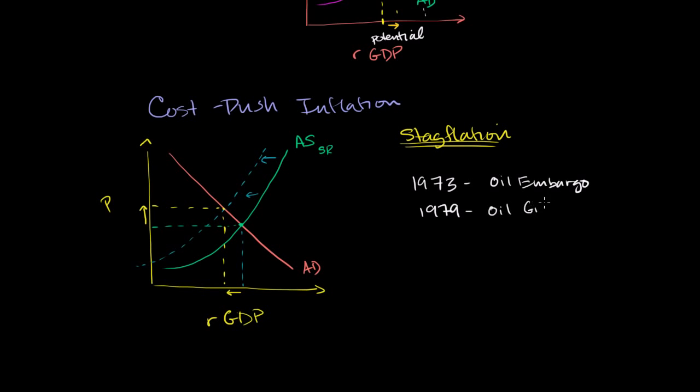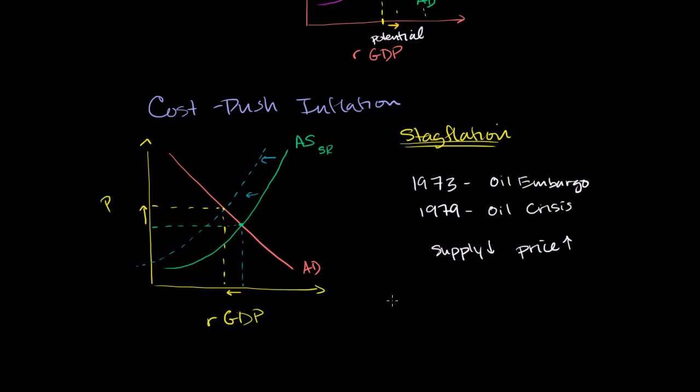And the reason why oil crises would shift the curve to the left: in both of these situations, the supply of oil drops dramatically. And this is kind of a micro phenomenon, if the supply of something drops dramatically, the price of that thing is going to go up dramatically.